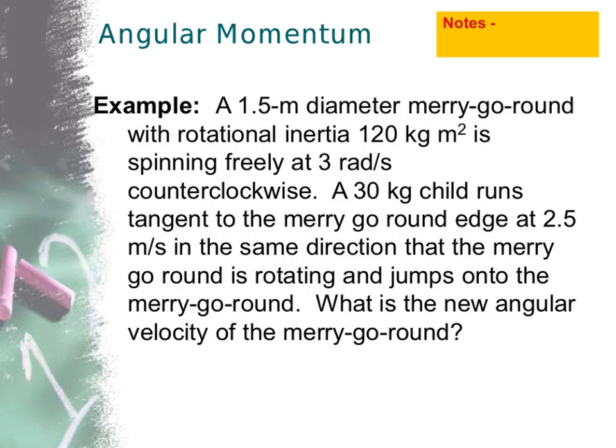And we have a 30 kilogram child. It says here, runs tangent to the merry-go-round edge at 2.5 meters per second in that same direction and jumps onto the merry-go-round. So what is the new angular velocity of the merry-go-round?